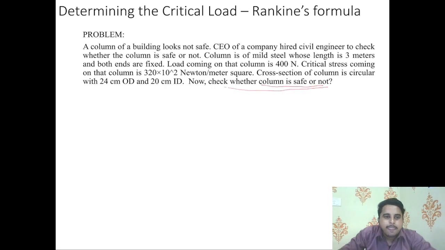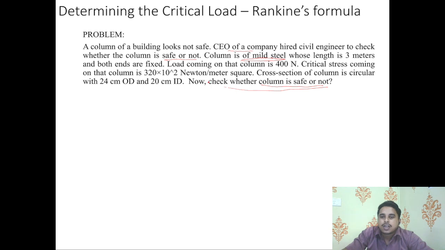So let's think a column of a building looks not safe. The CEO of a company hired a civil engineer to check whether the column is safe or not. That is the concern. The column is of mild steel. Mind it, if we recall the table, we have mild steel, cast iron, and two other metals.